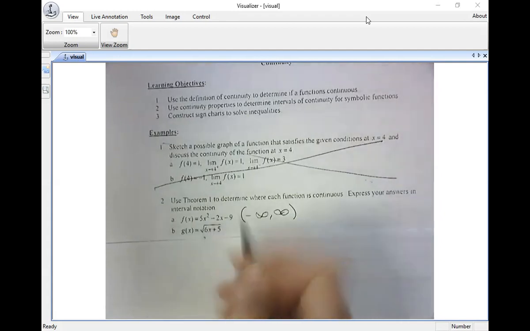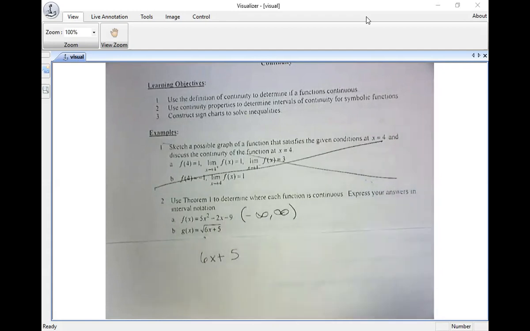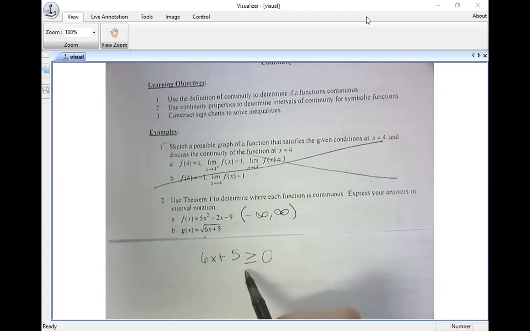So I'm going to take what's underneath the denominator. And not the denominator, sorry, the radical, which is the 6x plus 5. And I need to know what values would make that greater than or equal to 0. Because I know I've got to have either 0 or a positive number underneath the square root. Can you solve that?